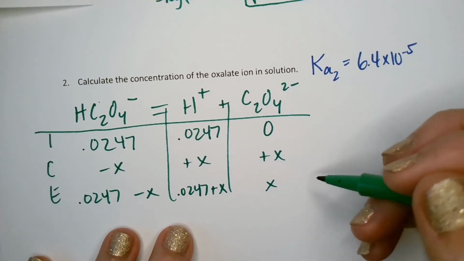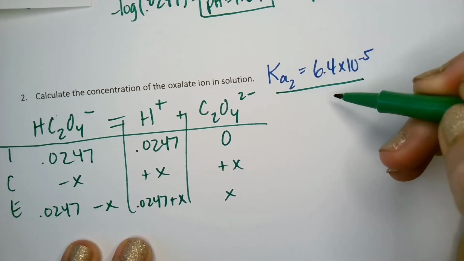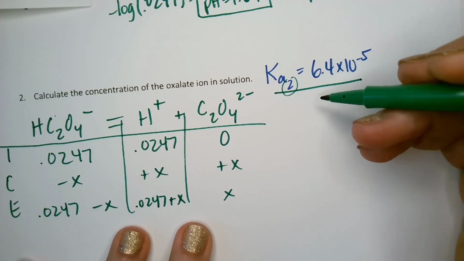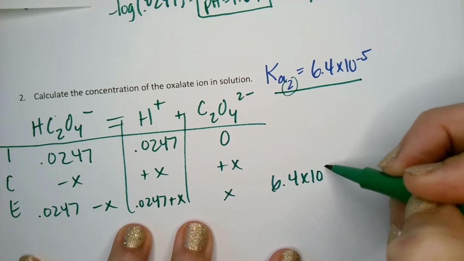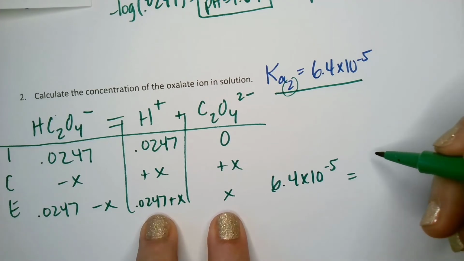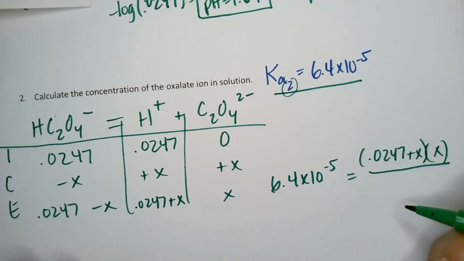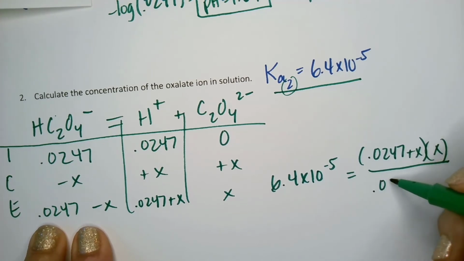So now let's set up our equilibrium expression here because we know Ka2, and again, that is from our Appendix D for the second ionization constant. So we've got our 6.4 times 10 to the negative fifth is equal to our products over reactants: 0.0247 plus x times x divided by 0.0247 minus x.